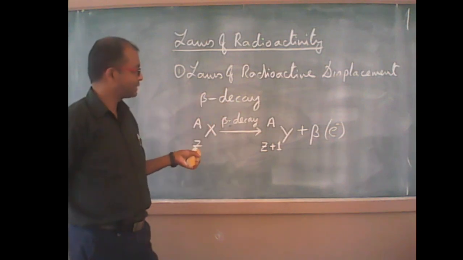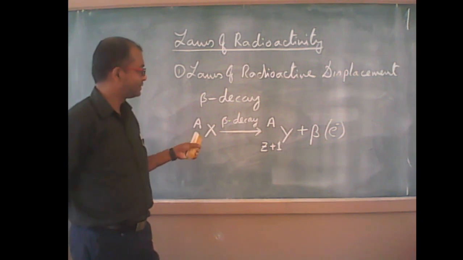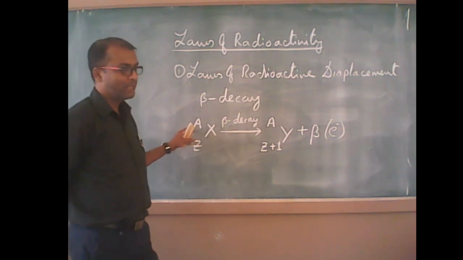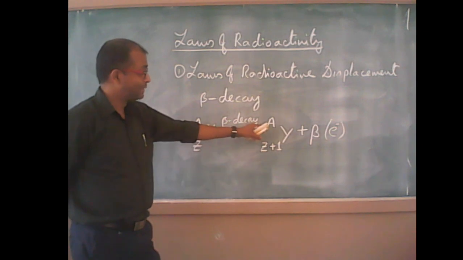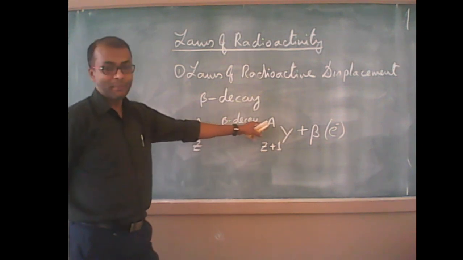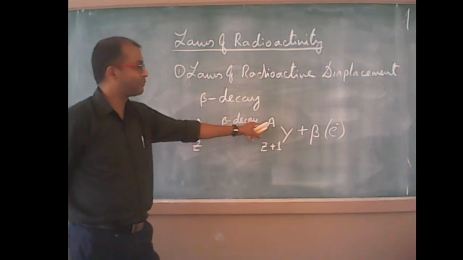So in this process, what basically happens is that a kind of disintegration occurs within the nucleus in which a neutron converts itself into a proton with the emission of an electron. Hence, the mass number remains the same because a neutron is getting converted into a proton.